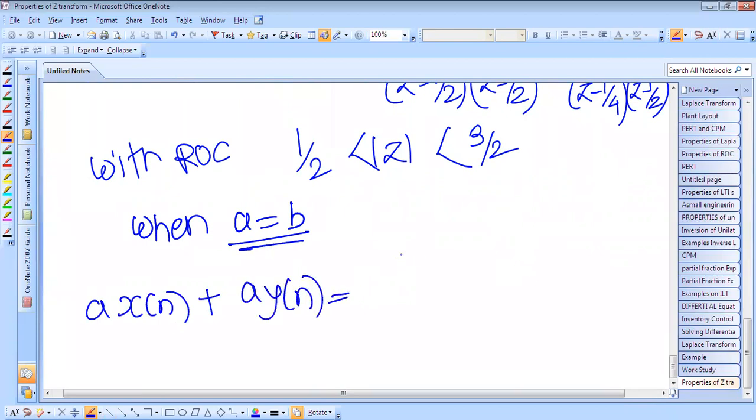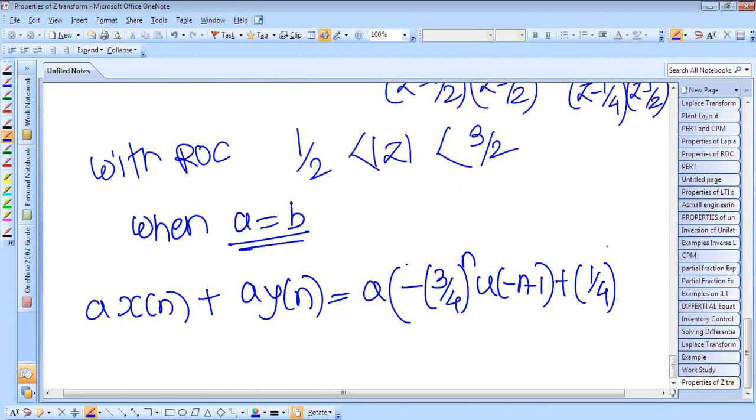So this will be a into minus 3/4 raised to power n into u of minus n minus 1 plus 1/4 raised to power n into u of n.